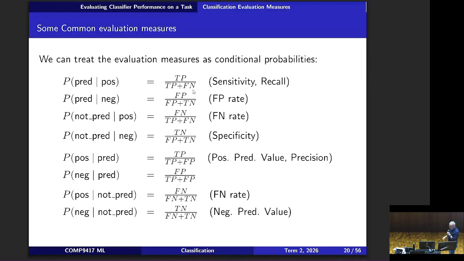Now, the first one is actually a very commonly used metric. In machine learning and information retrieval and some other places, its name is recall. In biomedical applications and other types of applications, people call it sensitivity. So if you go to a biologist and talk about recall, they'll look at you as if you're nuts.